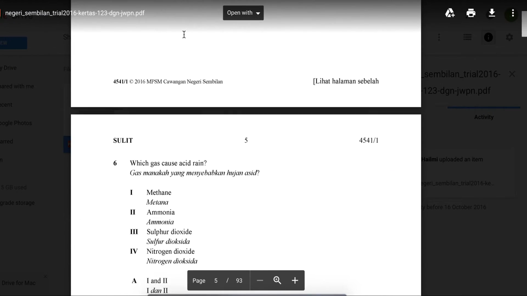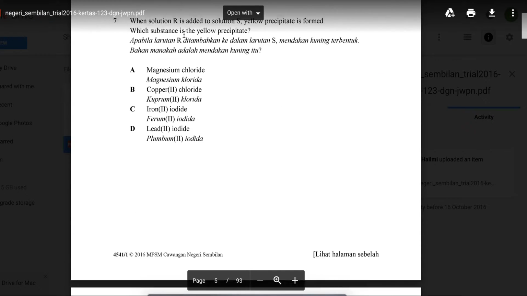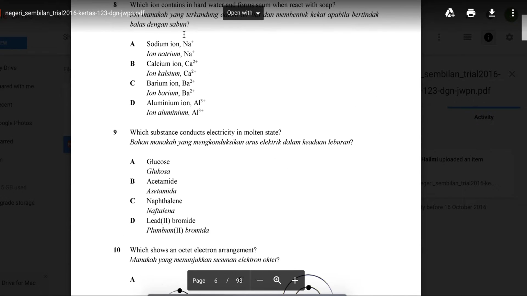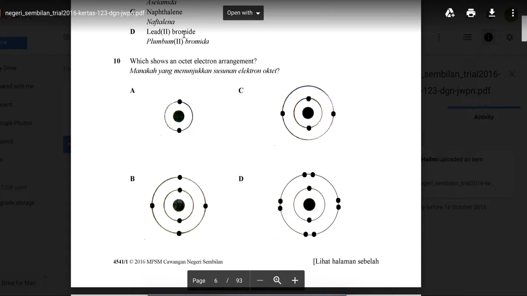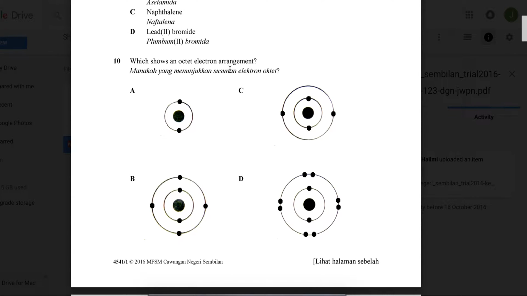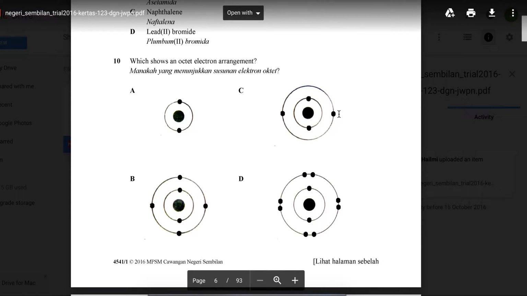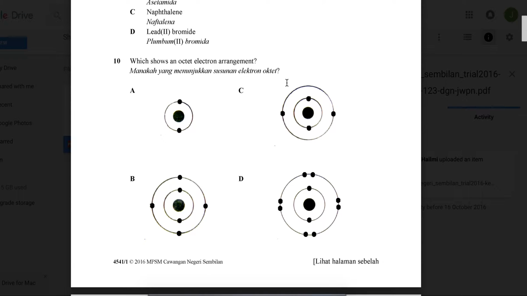Let's see, nothing from the periodic table. Which shows an octet electron arrangement? Let's break this down. Octet electron arrangement means 8 electrons in the valence shell. This has 2 electrons in the valence shell. This has how many? 2. What about this? 1, 2, 3, 4.